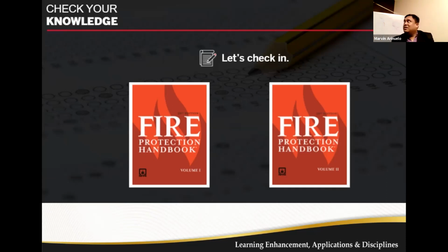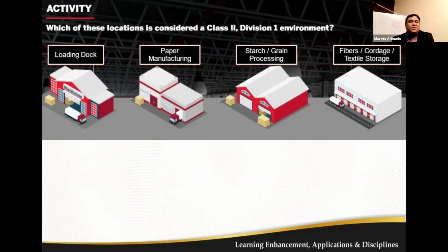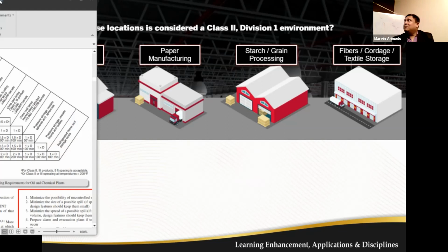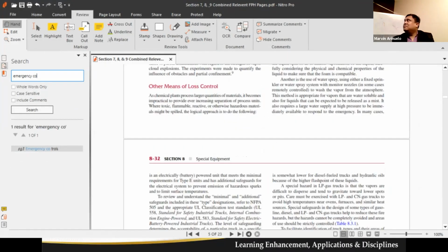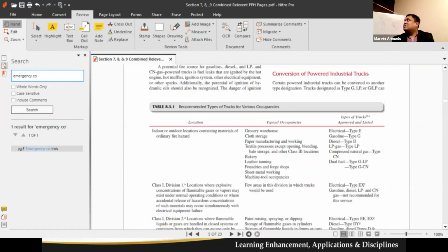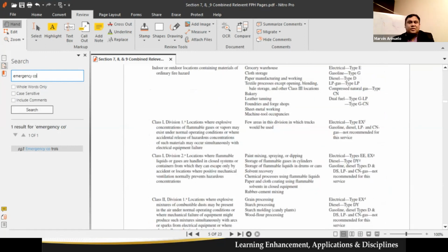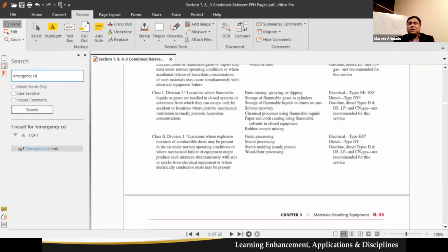Let's use our Fire Protection Handbook again. Which of these locations is considered a Class 2 Division 1 environment? You need to go to Table A31 of your Fire Protection Handbook. Which of these is not considered a Class 2 Division 1 environment? Here is Class 2 Division 1.